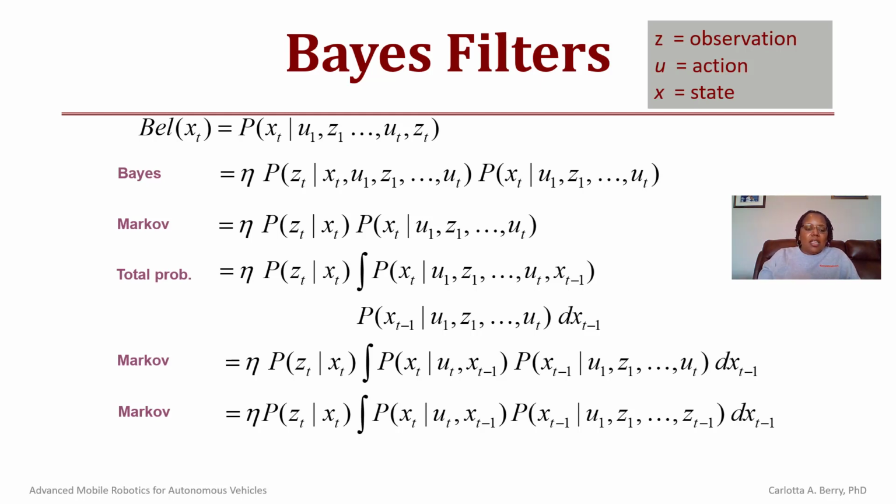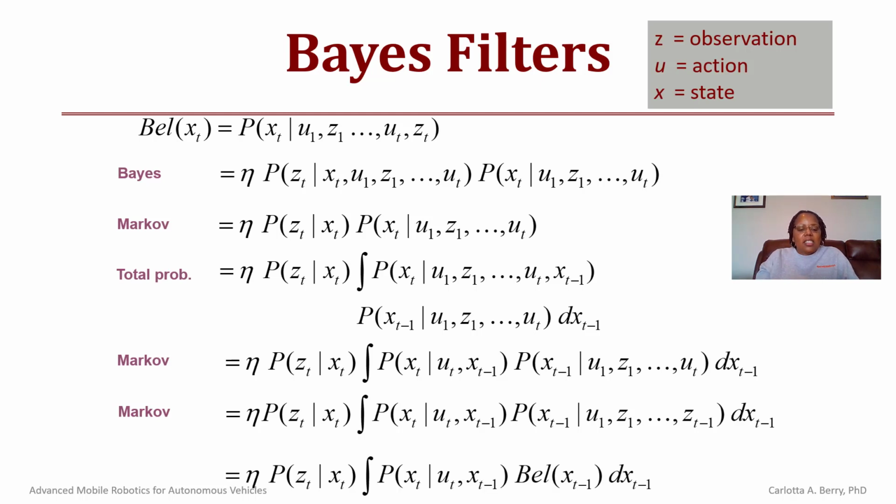So I eliminate the control at time t. And finally, this equation becomes eta times the probability of the current sensor measurement given the current state, times the integral of the probability of the current state given the current control and the previous state, times my belief of where I was for my previous state, over the previous state.